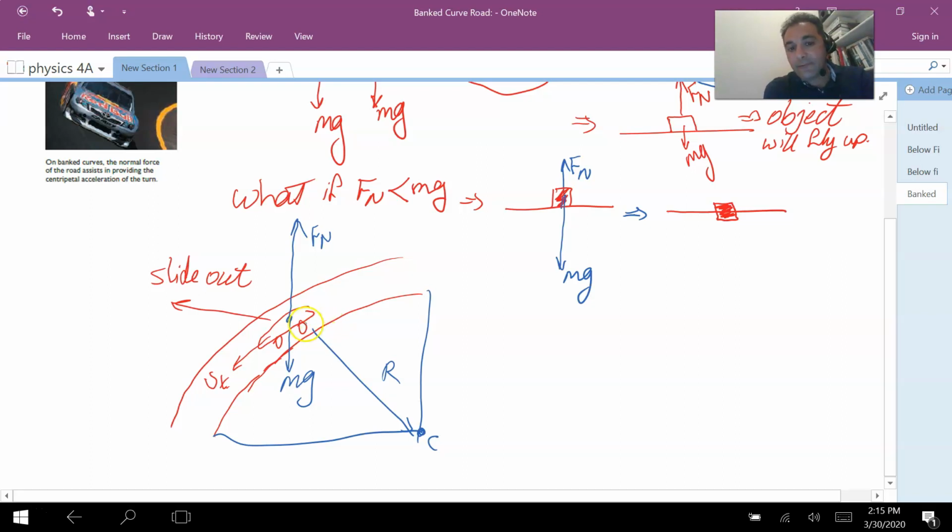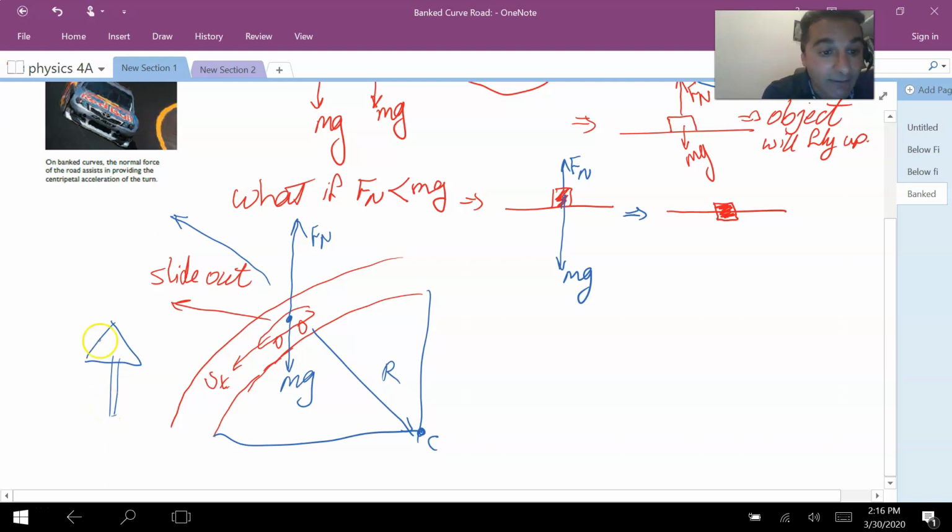Therefore centrifugal force, which is caused by centripetal force, will move the car where? Out of the curve.